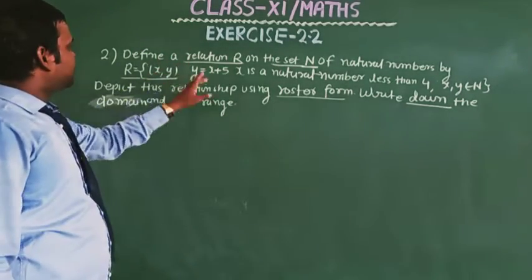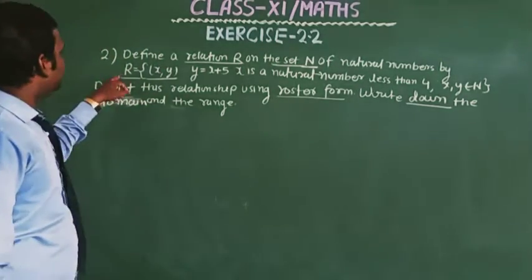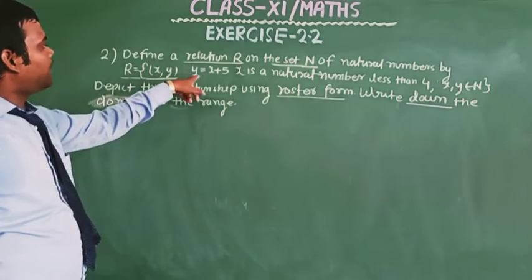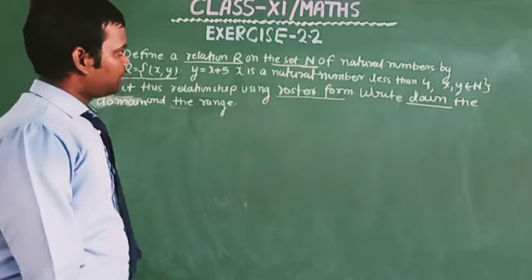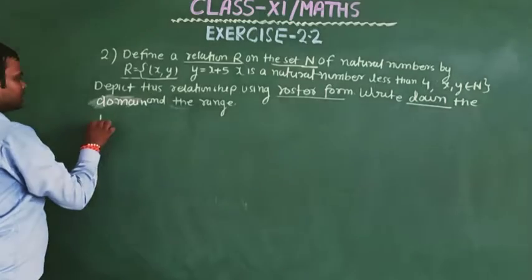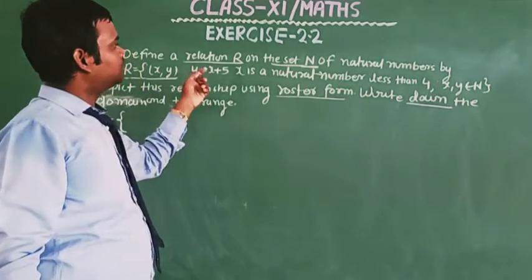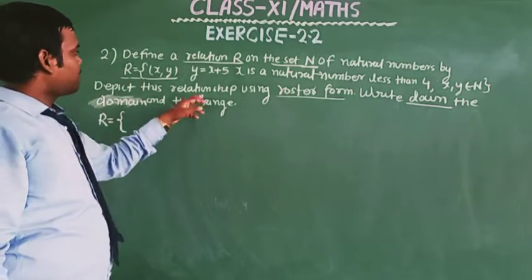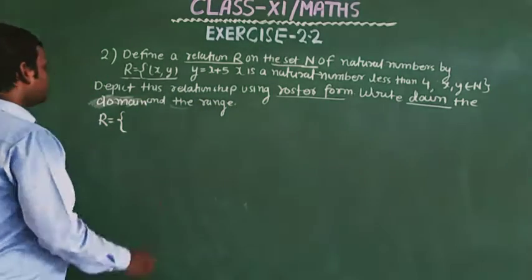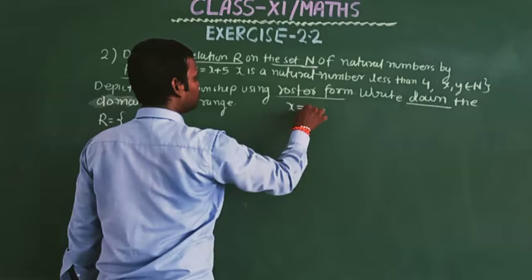So the relation defined on the set of natural numbers is defined by R equal to ordered pair (x, y), where y equal to x plus 5, and x is a natural number less than 4. Let us take first x equal to 1.